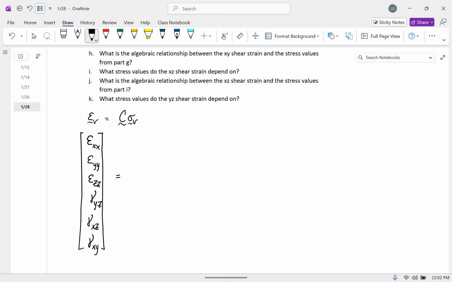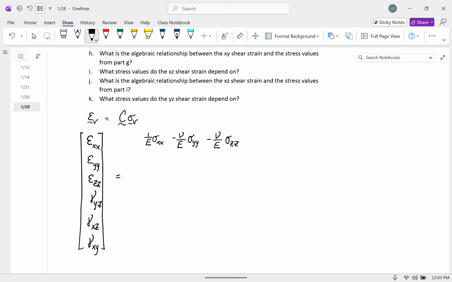And if I multiply out the right side of this equation, because you have all those zeros in the compliance matrix, what you get for the first element is 1 over E times sigma XX minus nu over E times sigma YY minus nu over E times sigma ZZ.